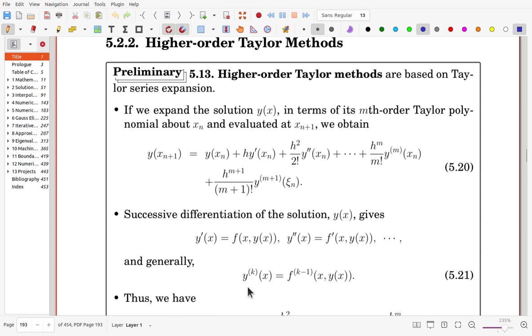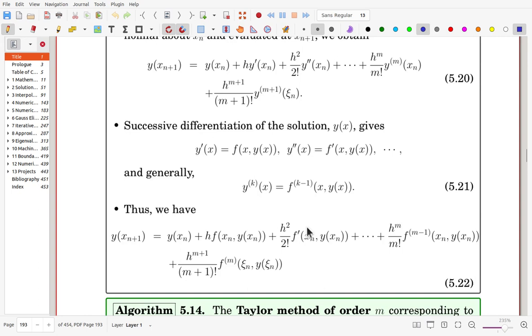So in general, the kth derivative of y is the same as the (k minus first) derivative with respect to x of f. So this equation can be rewritten in this form. So y at xn plus 1 is y at xn plus the term involving f and f derivatives.